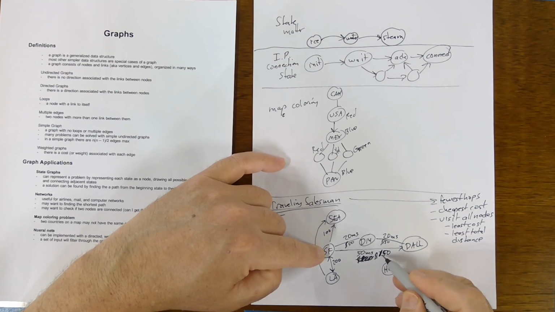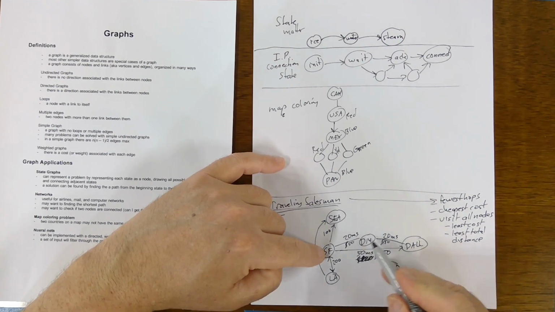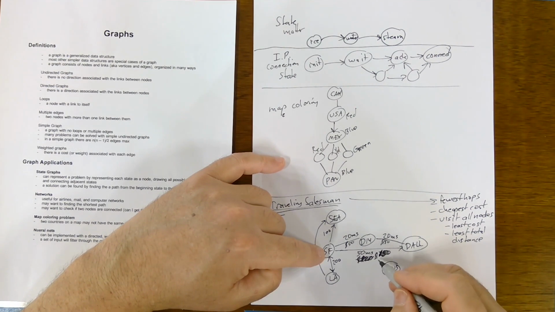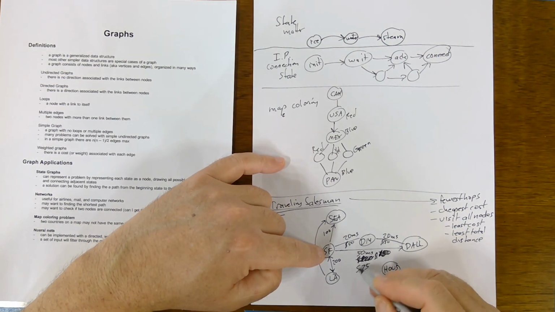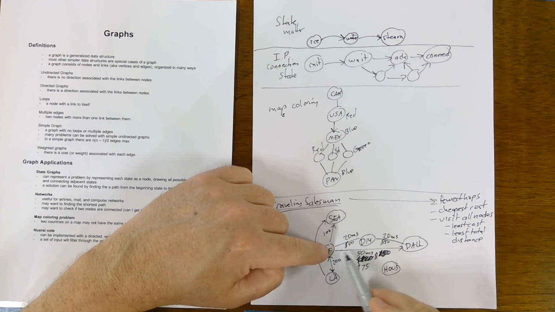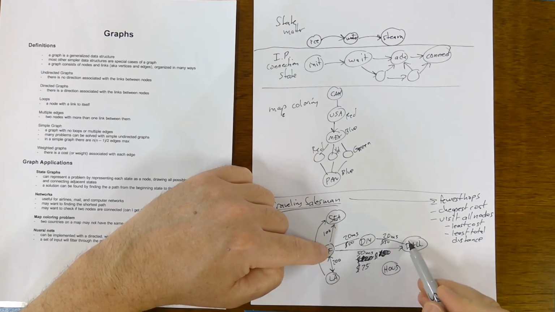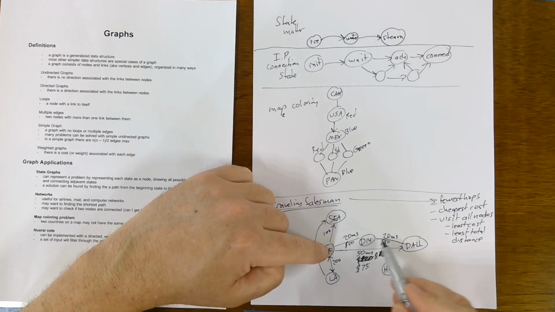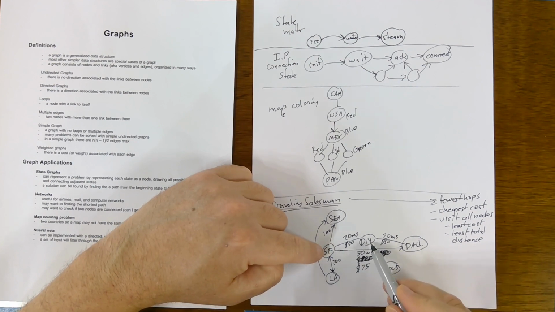Yeah. So the cheapest, what am I doing here? I'm getting confused here. $75. So this is $75, this is $100, but this is $40. Yeah, okay. So this one here, if you go up San Francisco to Denver to Dallas, it's going to be $100 total, but it'll be 40 milliseconds total.